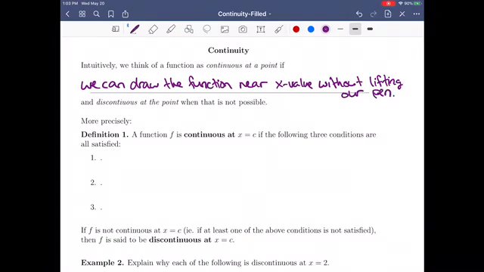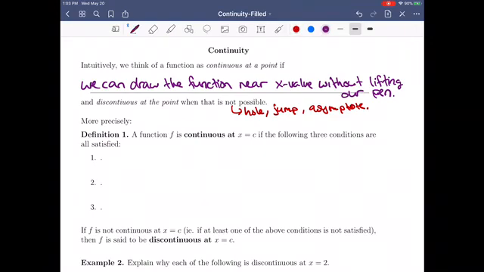So if that's not possible, then we say it's discontinuous at that point. When would it not be possible? There might be a hole, there could be a jump in the graph at that point, there could be an asymptote. There's lots of ways where we might not be able to do this. In those cases, we would say discontinuous.